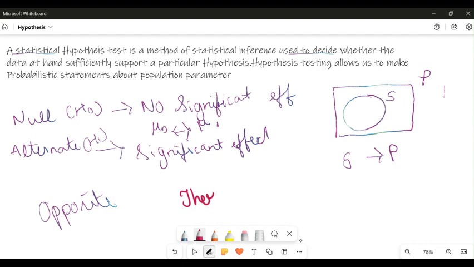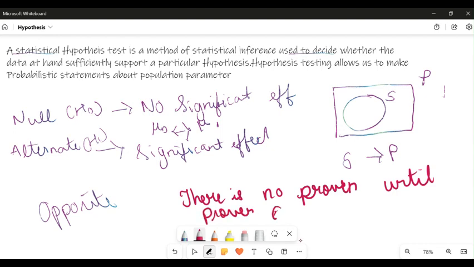The null says that there is no significant effect, but the alternate says that there is a significant effect or relationship between the variables being studied.